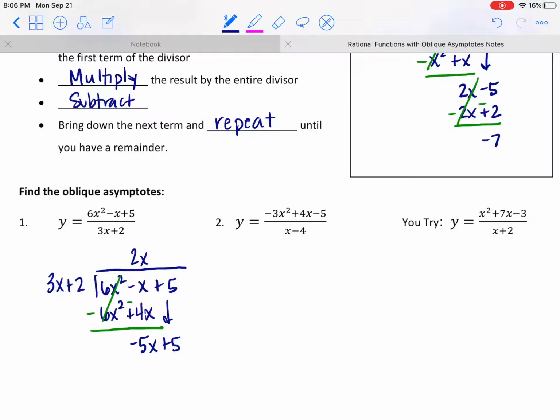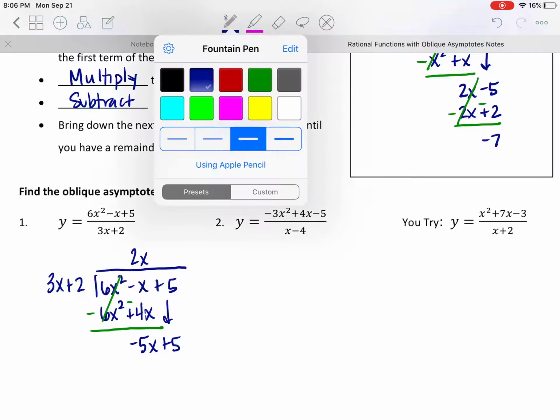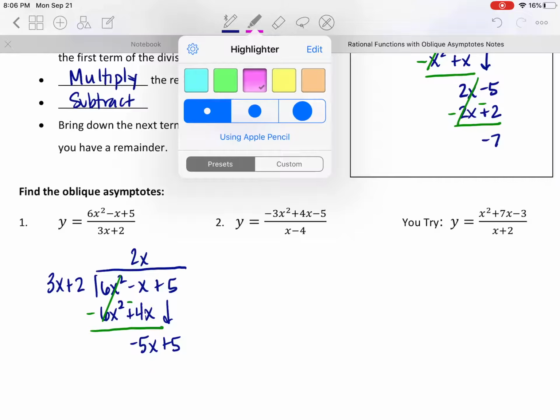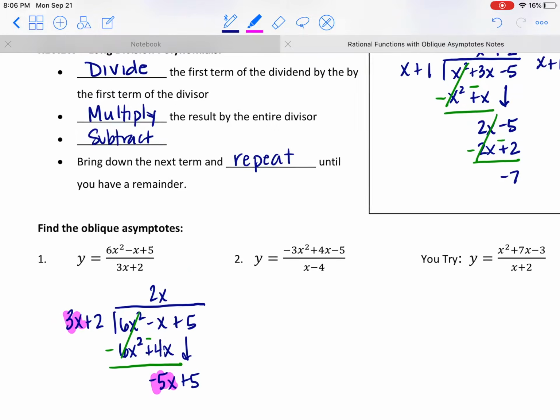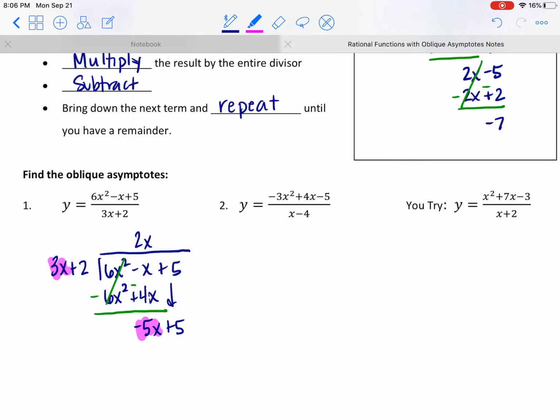And I'm going to bring this down, and then I'm going to end this process with the next step. So the next step is the division again. And if I divide my first term by my first term, negative 5x divided by 3x is going to be negative 5/3. So I'll do that. So that's going to be a negative 5/3.